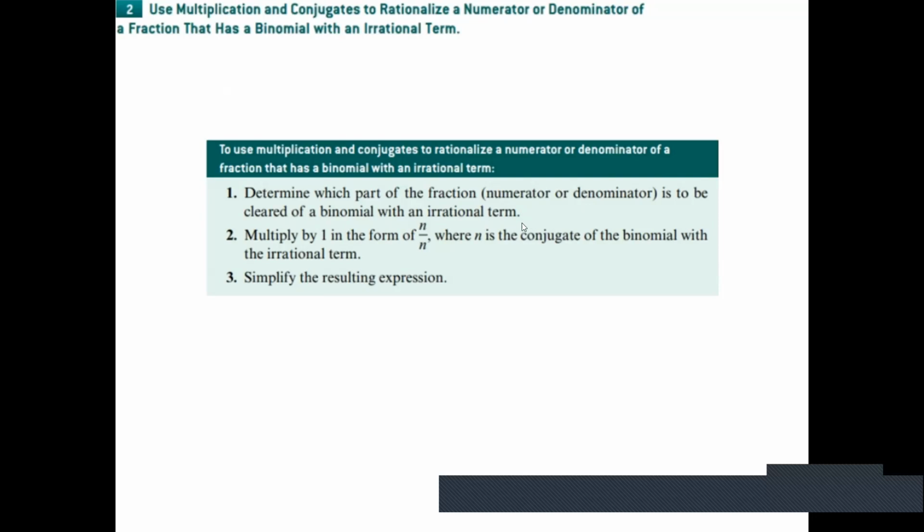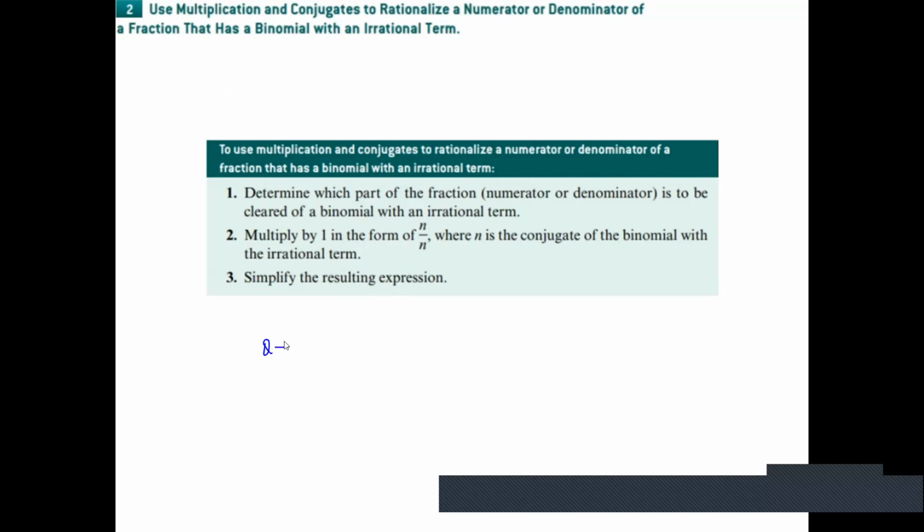So first, you have to understand what you want to rationalize, right? Second, multiply by 1 in the form of n over n, where n is the conjugate of the binomial with the irrational term. Does everyone know what conjugate is? Okay, I will explain. Simplify the resulting expression.